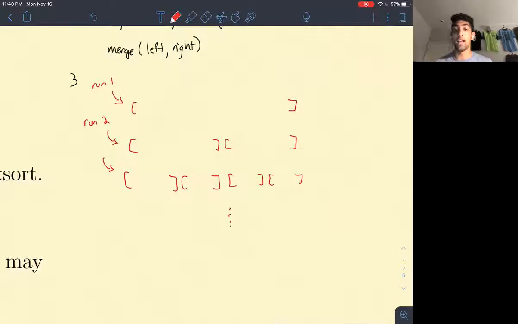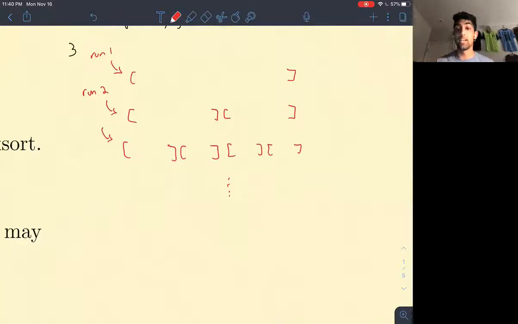Usually we keep breaking up the runs by half until the size of the run is 1, upon which this is the base case.